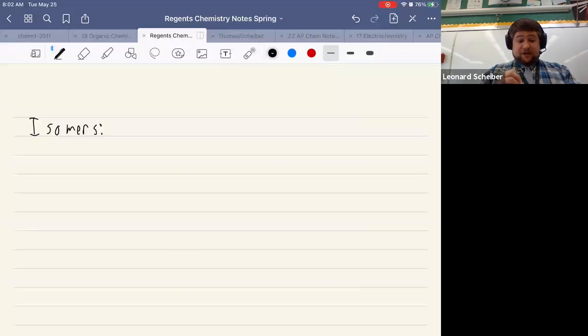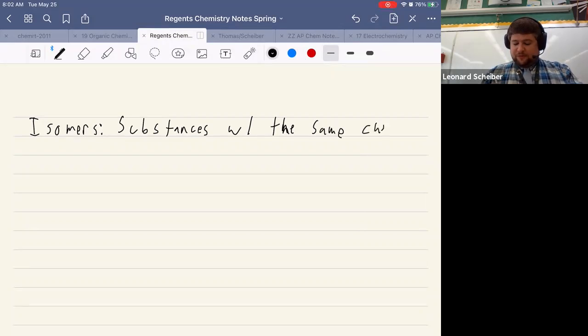So by definition, any isomers are substances with the same chemical formula but different structural formulas or structures.